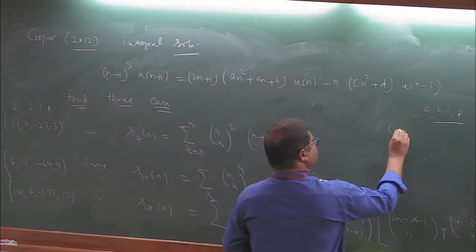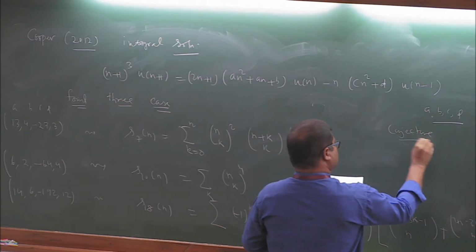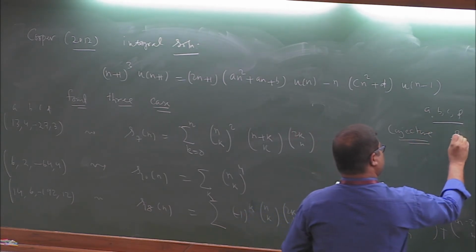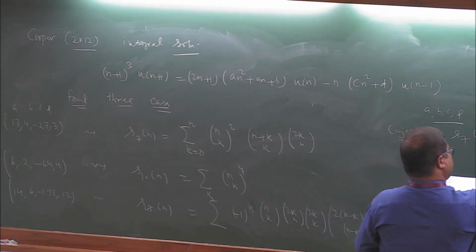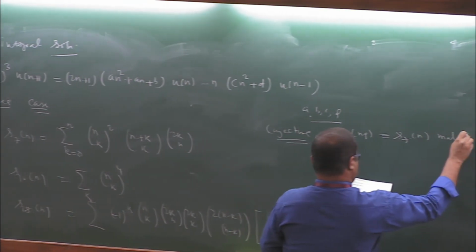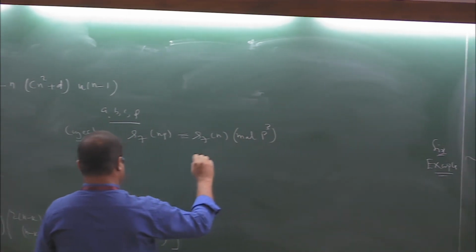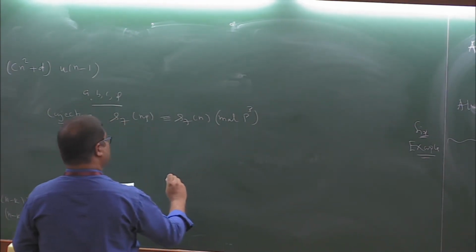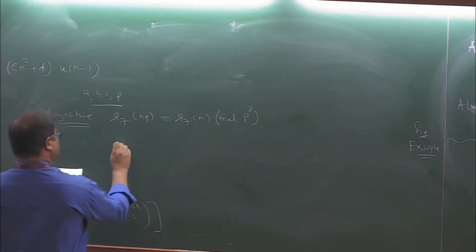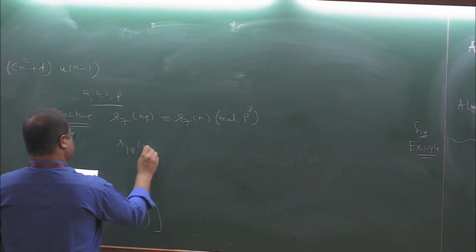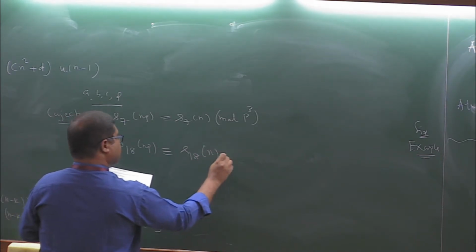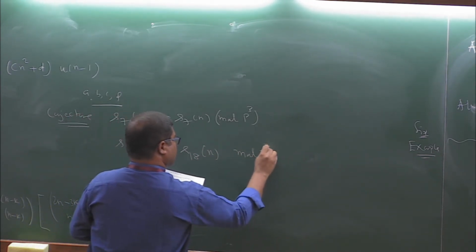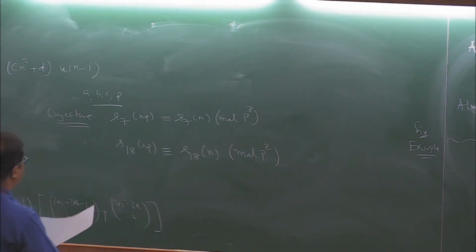He conjectured that S7(np) is congruent to S7(n) modulo p cubed for p bigger than 5, and S18(np) is congruent to S18(n) modulo p squared.